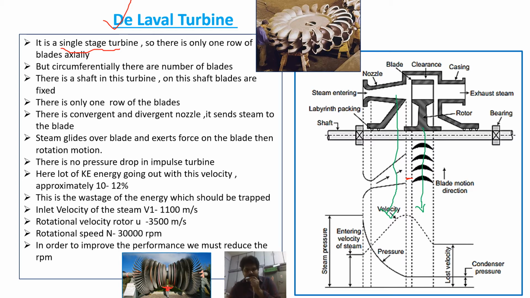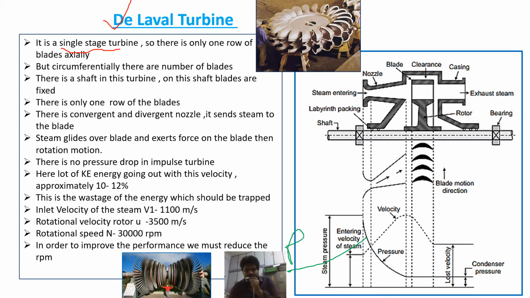Now let us see how pressure and velocities are varying. This line is the velocity line and this continuous line is the pressure line. First let us discuss how pressure is varying inside the De Laval turbine.